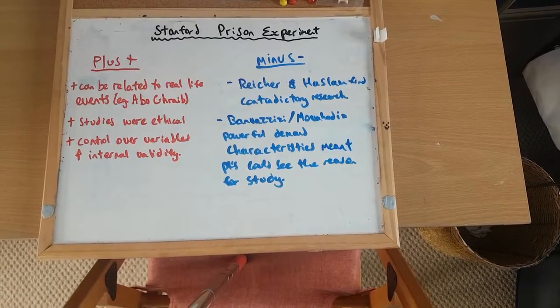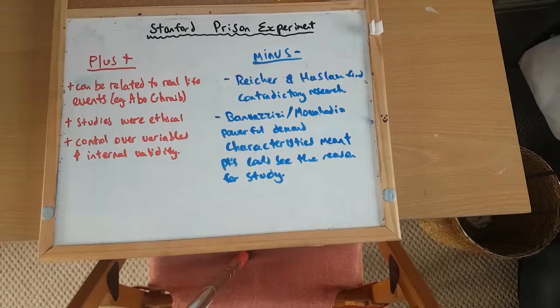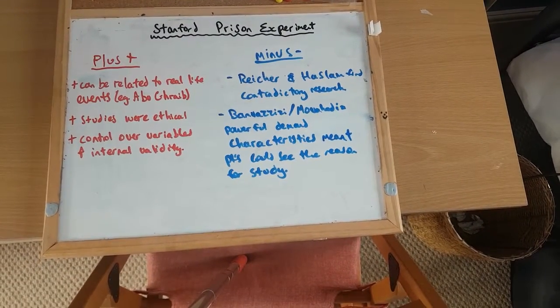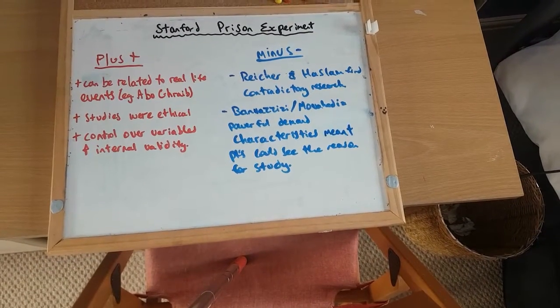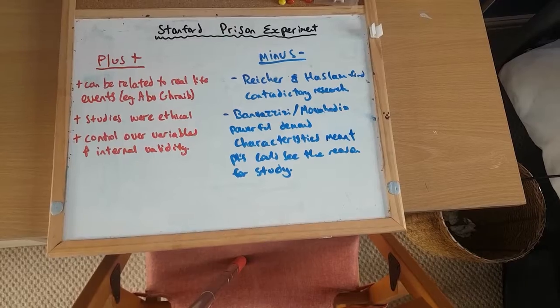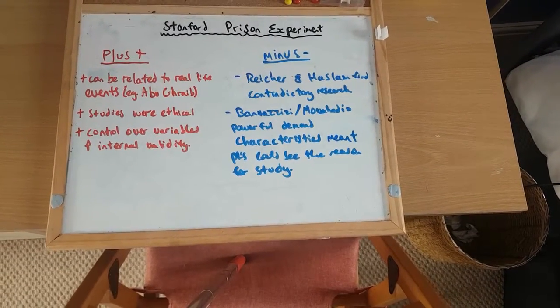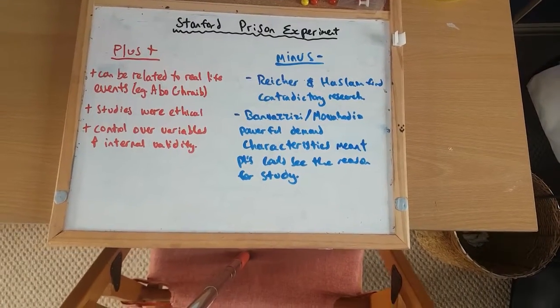They were given all the information necessary, and after the experiment, they were given psychological testing and always checked up on for a good 5 to 10 years after the experiment. So it was ethical. They did follow ethical procedures, which you will learn about again in research methods.